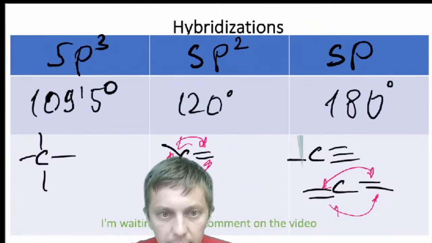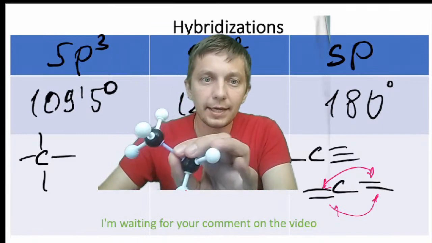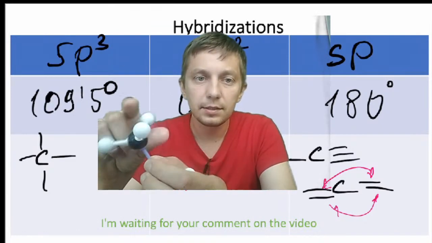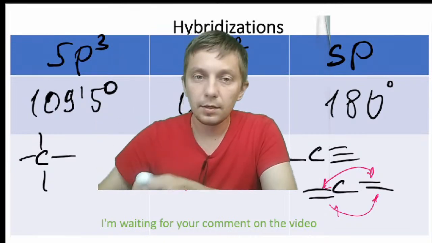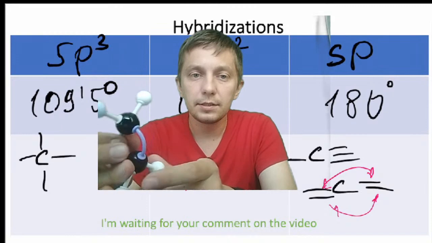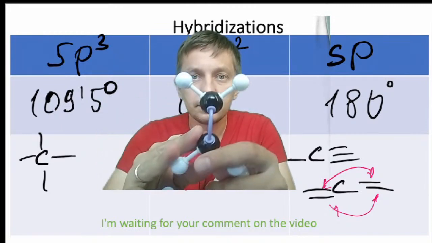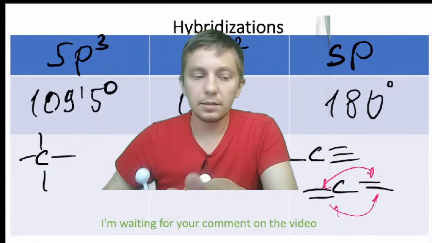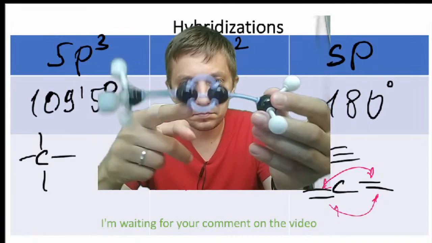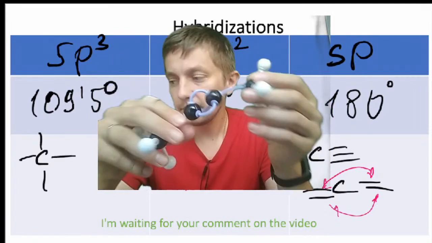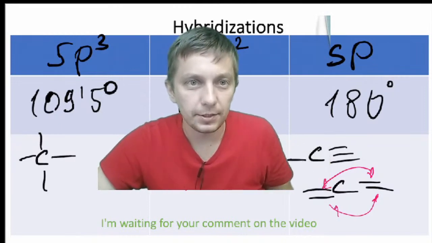If we look, all angles here with this carbon are equal. All angles here are also equal. And all angles here are also equal. So this is how we deal with hybridization.